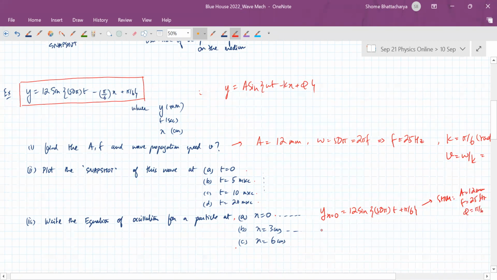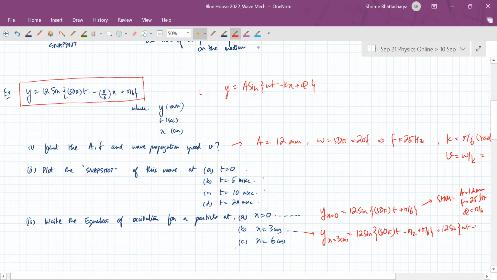But similarly, if you plot at x equal to 3 centimeters, you see it is 12 sine (50 pi t minus pi by 2 plus pi by 6), or 12 sine (omega t minus pi by 2 plus pi by 6), which will become minus pi by 3.